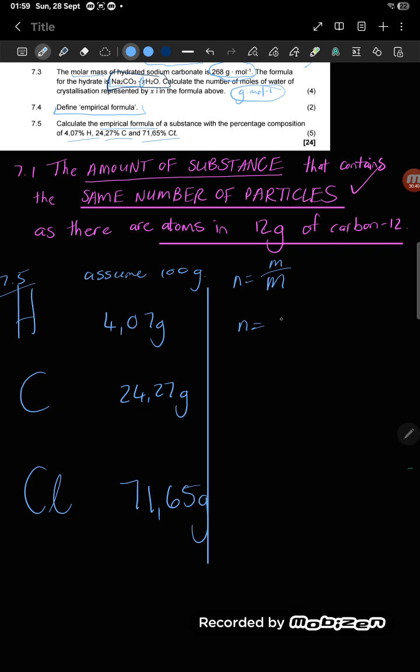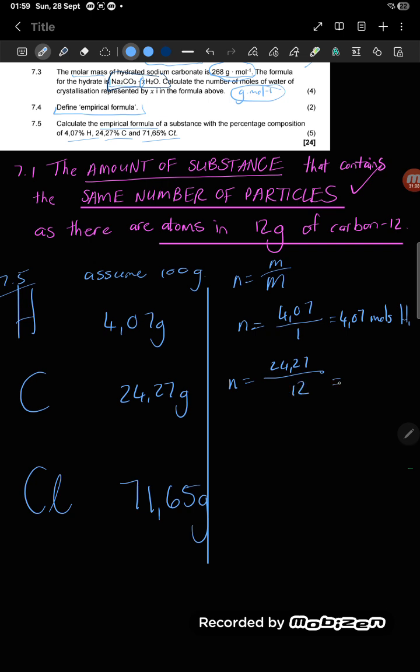Okay, so I've got hydrogen, which is 4.07 divided by 1, and that's 4.07 moles of hydrogen. Then n equals 24.27 grams over carbon, which is 12.